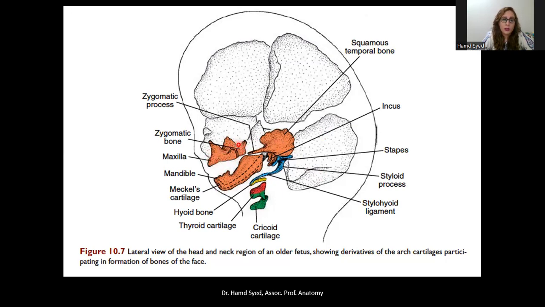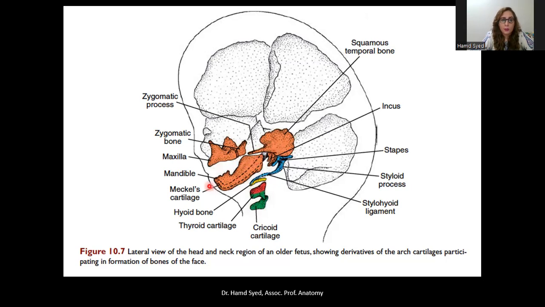Over here, you can see the maxilla, the zygomatic bone, the squamous part of the temporal bone, and also the mandible. And this is pointing towards the ear ossicles, the small bones present in the middle ear cavity, the malleus and the incus. These are all derived from the first pharyngeal arch.